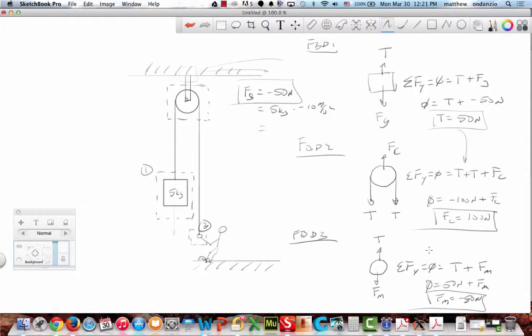Let me ask you a question. At this point, I'm doing everything vertically. What if, instead of pulling down, I changed directions and pulled this way?